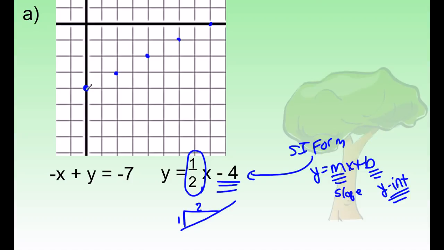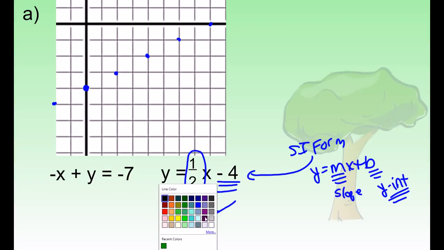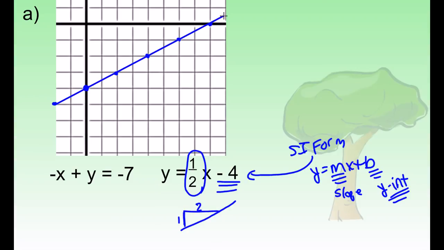Actually, you can do the reverse. It's going to go down this way, down 1 over 2 the other way. This is my line. So this is the line of the equation y equals 1/2 x minus 4.